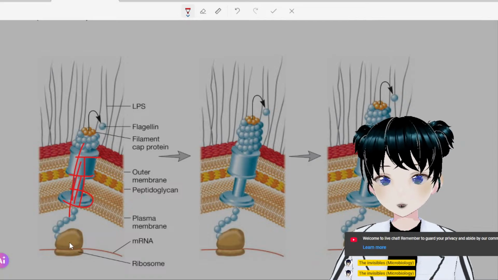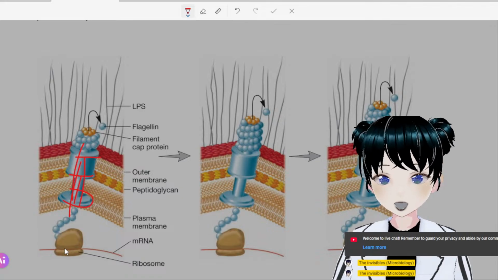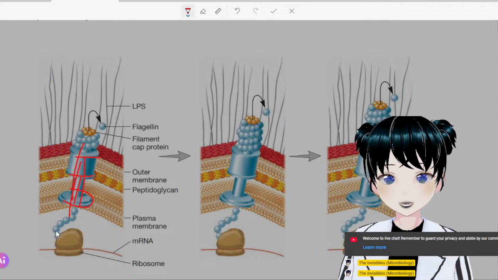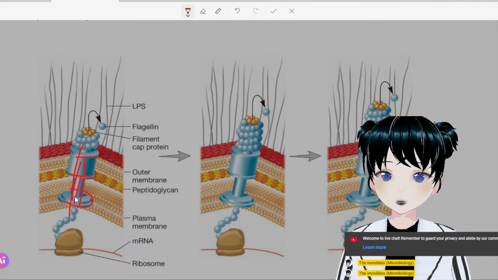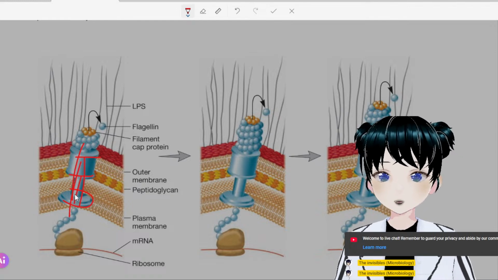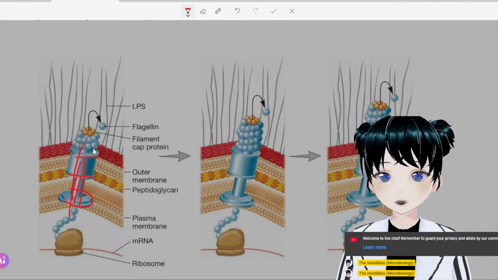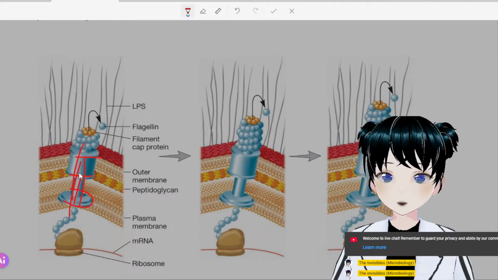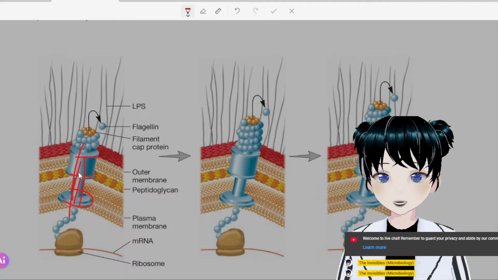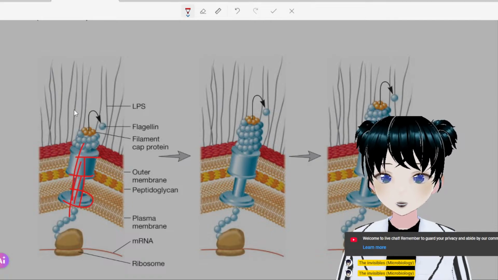The ribosome translates the messenger RNA, and the amino acid chains that form go directly into the hollow rod structure of the flagella. The hook area is inside the cell, so it is made inside the cell just as everything else, but the filament area is outside of the cell.